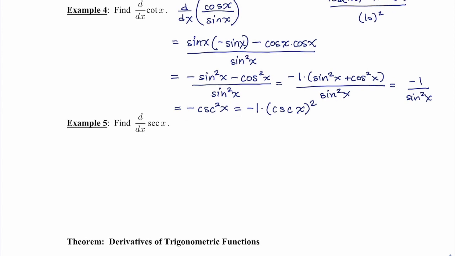All right, and then the derivative for secant, we would say, okay, secant is 1 over cosine of x. And even though the numerator is really simple here, this also requires the quotient rule.